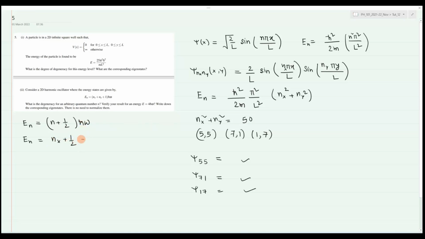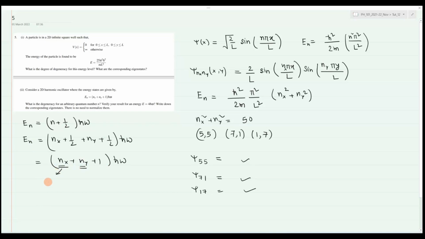So it will become nx plus ny plus 1 h cross omega. Now, what are the different combinations? We know nx and ny can be any number.